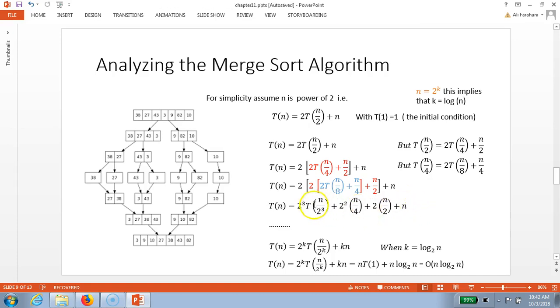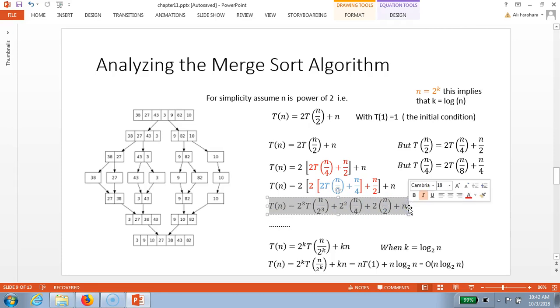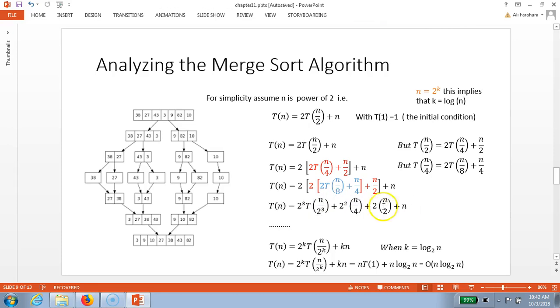Now, the next question is, how far do I keep expanding, right? You basically need to identify a pattern based on what you see here, and it's kind of clear what the pattern is. Every time you expand, the next time it will be 2 to the 4 t of n over 2 to the 4 plus 4n.